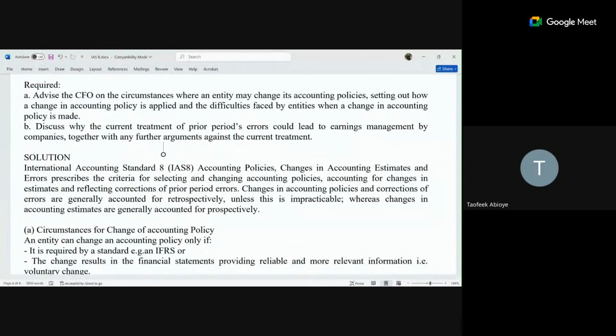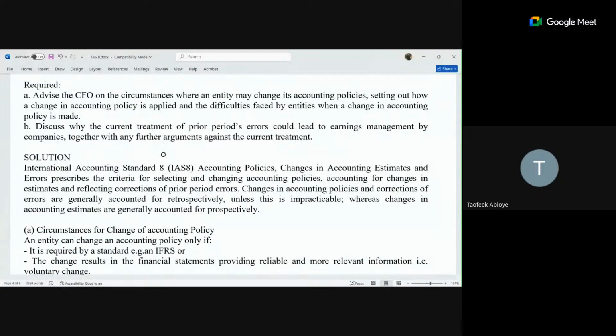Did you see the difference? Policy is accounted for retrospectively, unless it is impossible to make retrospective application. If that is the case, then we are going to adopt prospective application. Whereas changes in accounting estimates are generally accounted for prospectively. Those are 2 different things that this solution is trying to address.